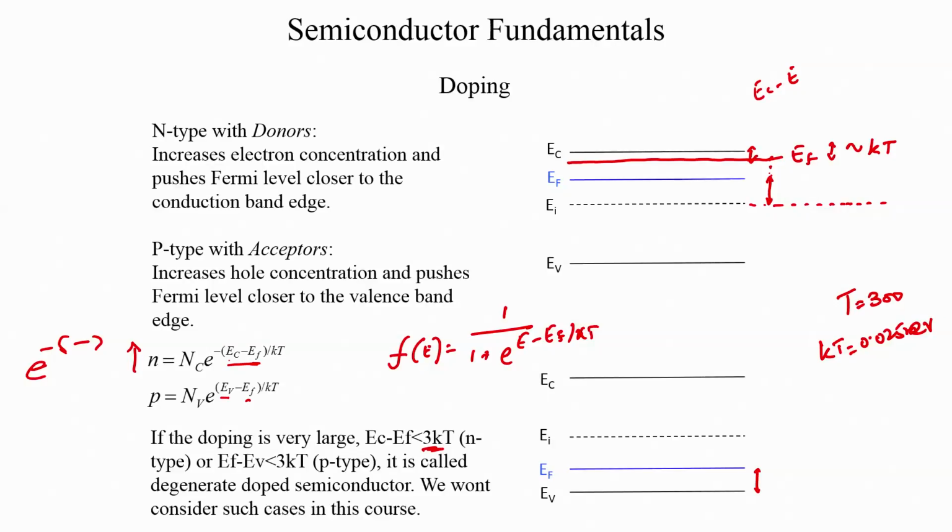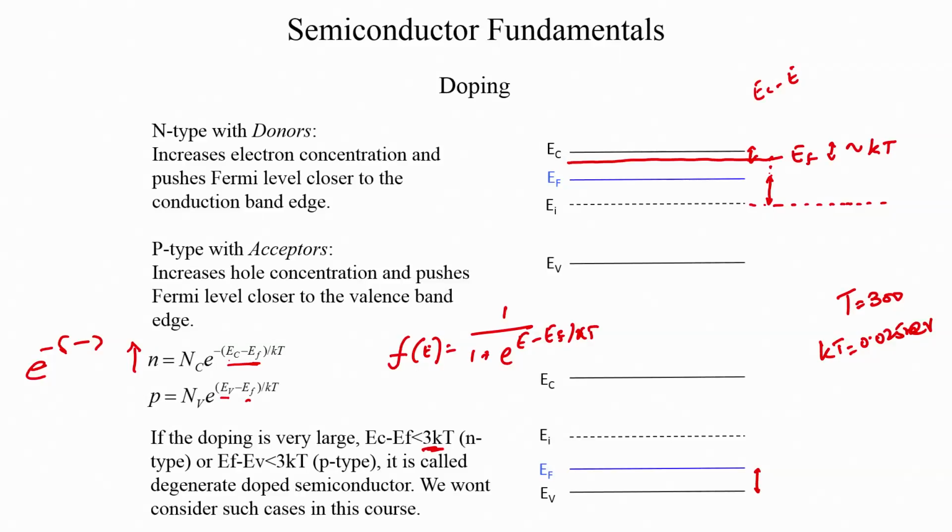So, 3 times that is about 0.075 electron volt, and when EC minus EF is less than that value, we say that the semiconductor, which is N type doped, is now degenerately doped, and a lot of the calculations have to be done more carefully, and we cannot make many of the assumptions we have made so far.